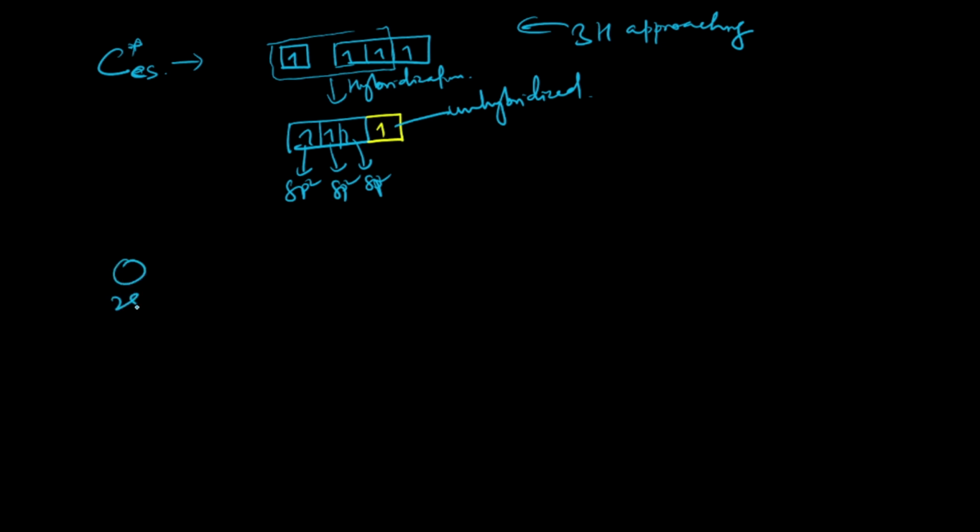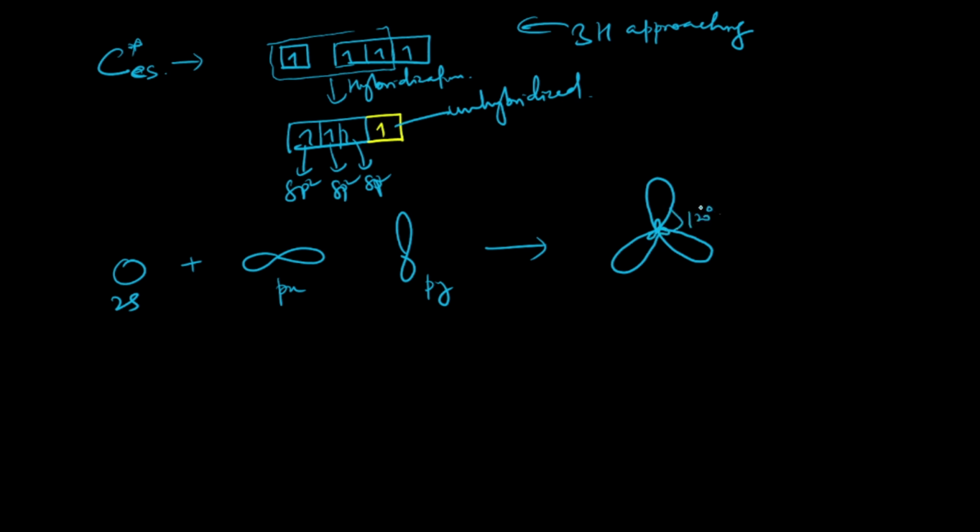So how will we see it in the orbital picture? See, 2s has the principal quantum number, and let me take px and py and do the hybridization. How will it look? See, 1, 2, 3. So the bond angle is 120 degree. Got it?